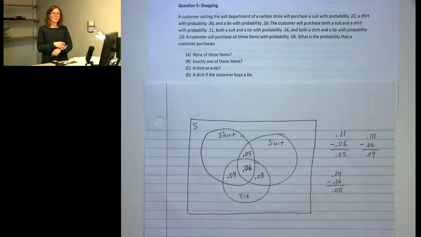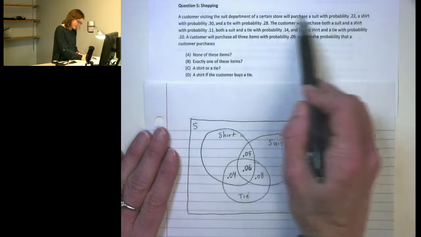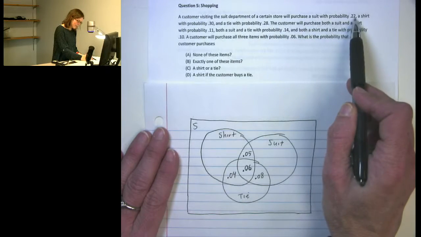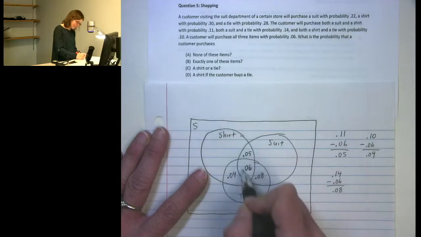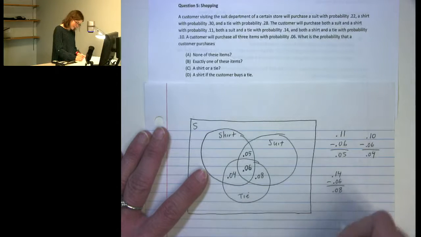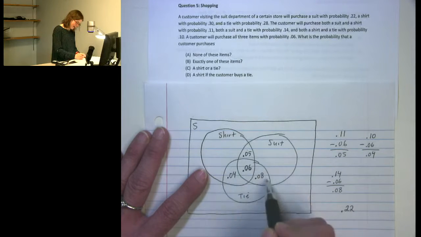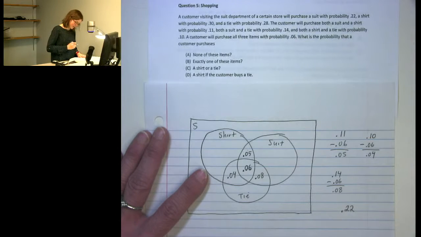So I've got probability in each of these regions, and now I just keep working my way out. I know they'll buy a suit with probability 0.22. So I need a total probability of 0.22, but I already have some of that probability used up here.